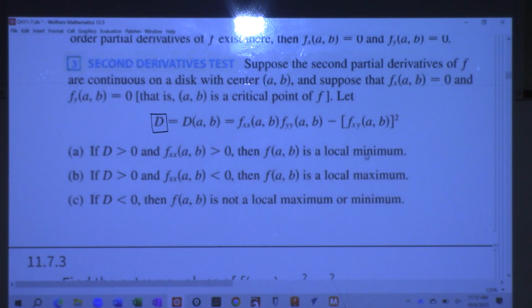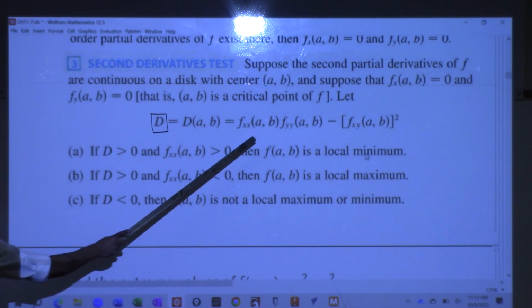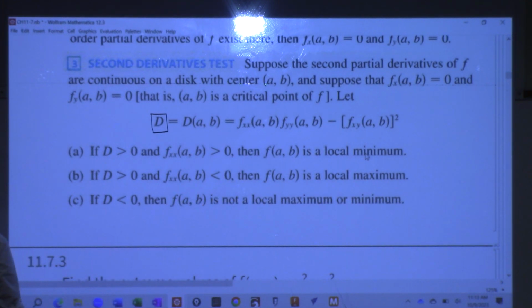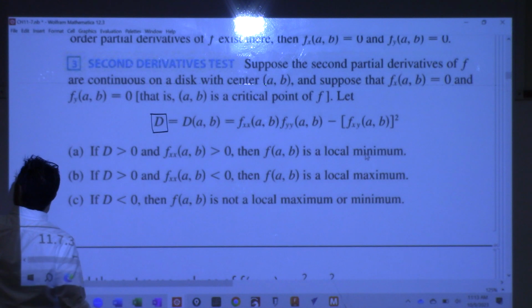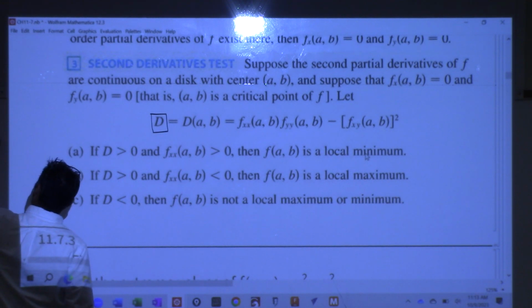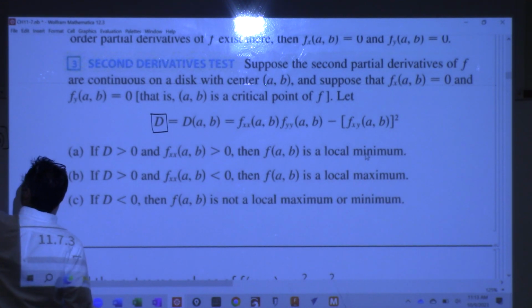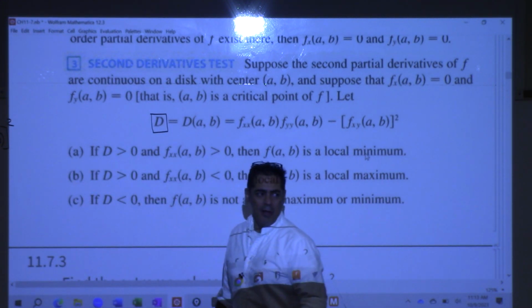It is the second partial with respect to x at ab, times the second partial with respect to y at ab, and then minus the partial with respect to x, then y at ab, whatever that quantity is, squared.